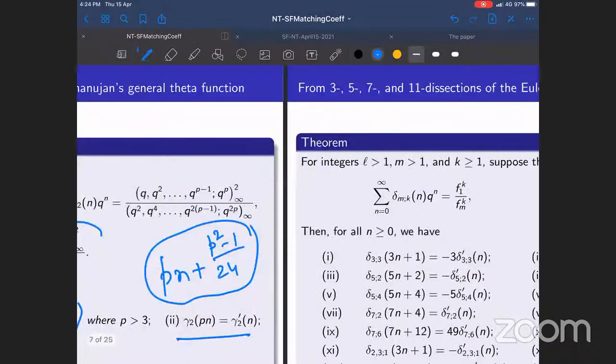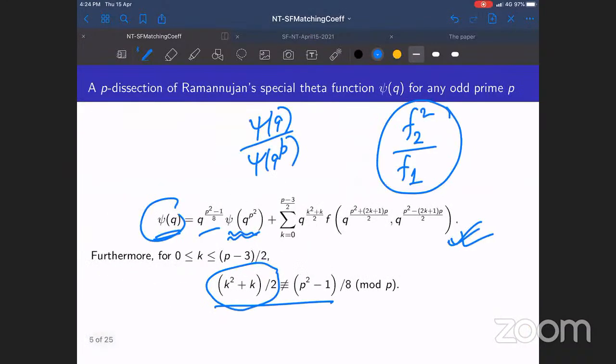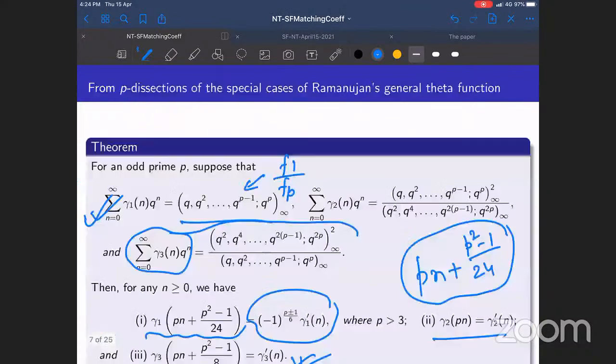And then we saw that for F1, if we take p equal to 3, 5, 7, 11, small primes, in the p dissection of F1, then we get some more results. That means these general results are already found, but we will get some specialized results on that.